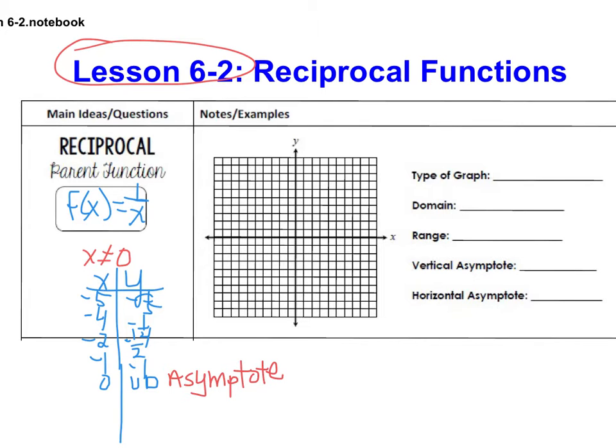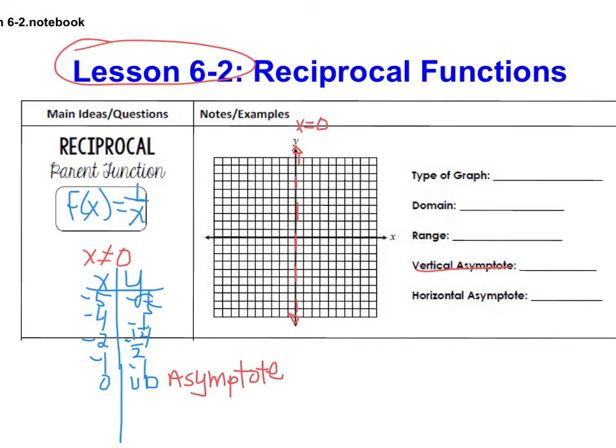And it is going to be a vertical asymptote because it's going to represent all the x values, meaning 0, that x cannot be. So since x cannot be 0, we are going to put in here a vertical line right here on the y-axis that represents x equals 0, because there can be no values where x is 0. So our graph cannot cross that asymptote.